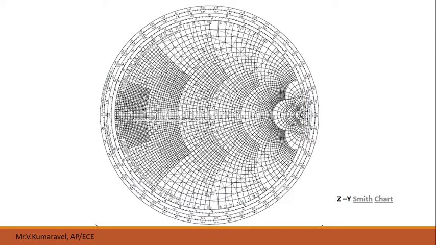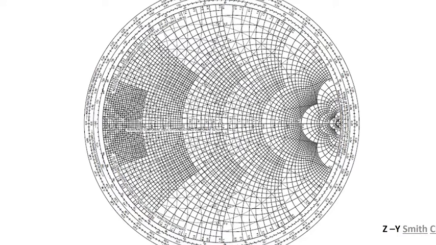Let me zoom in. Here we have 1 and 0.5, so it will be here. Therefore 1 plus J 0.5 will be here.